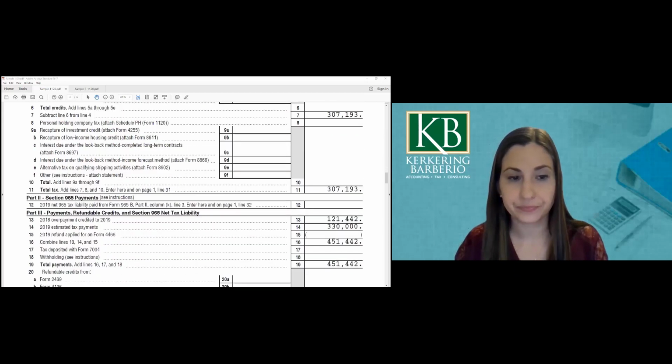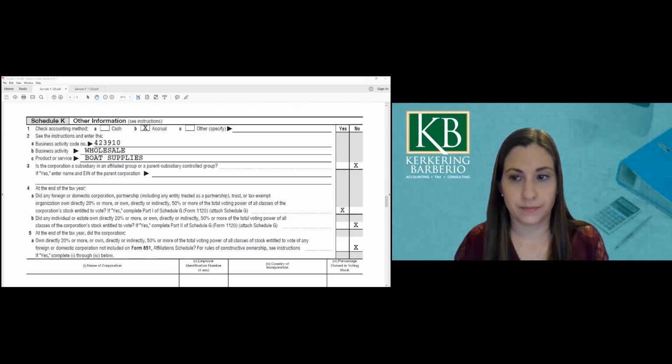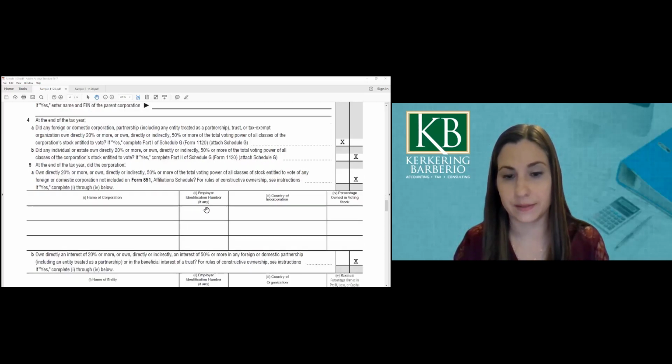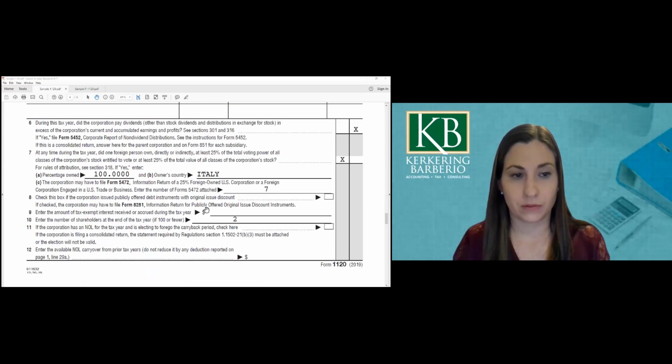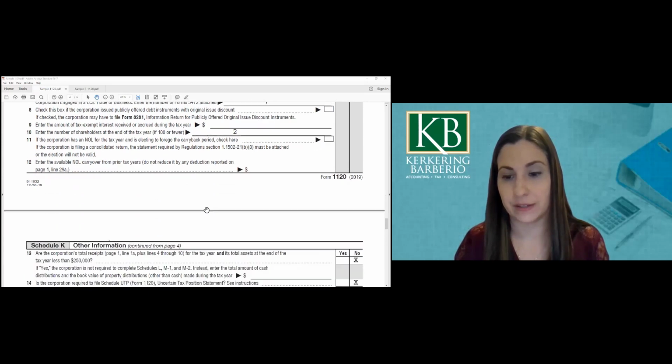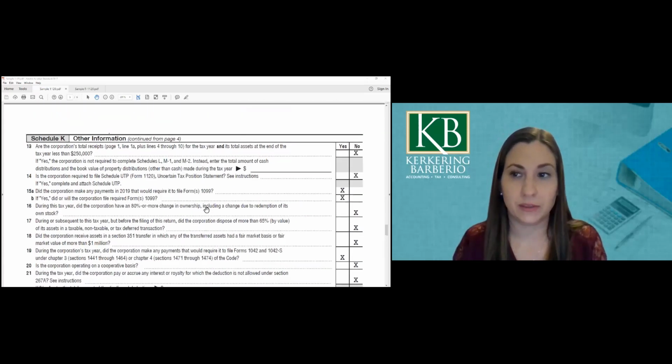On the next page, we have the other information on Schedule K, which is where we indicate the cash and accrual and business activities of the business. Ownership information and some other questions, just like on the S-corp return, maybe a little different.